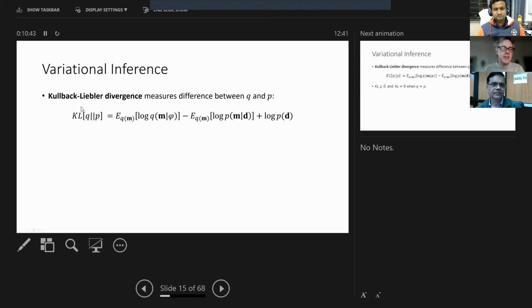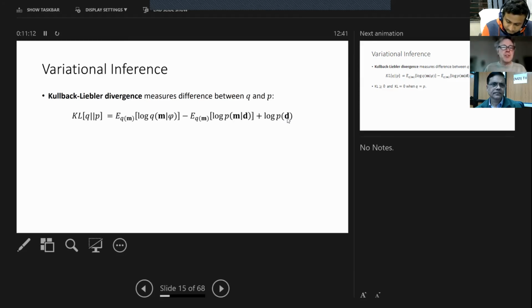It's written just like this on the left, KL divergence, we usually say, and it's the difference between distributions Q and P, those two functions we had on the previous slide. It's given by this formula here, which has expectations over the Q distribution of log of Q and log of P. And then it's got log of this thing here. Now remember, that was the evidence, P of D. So we're going to come back to that.